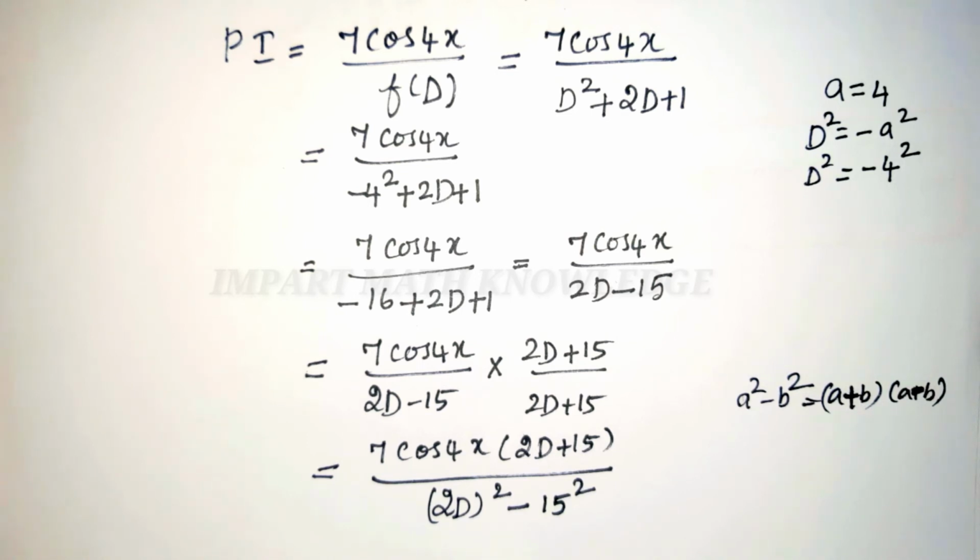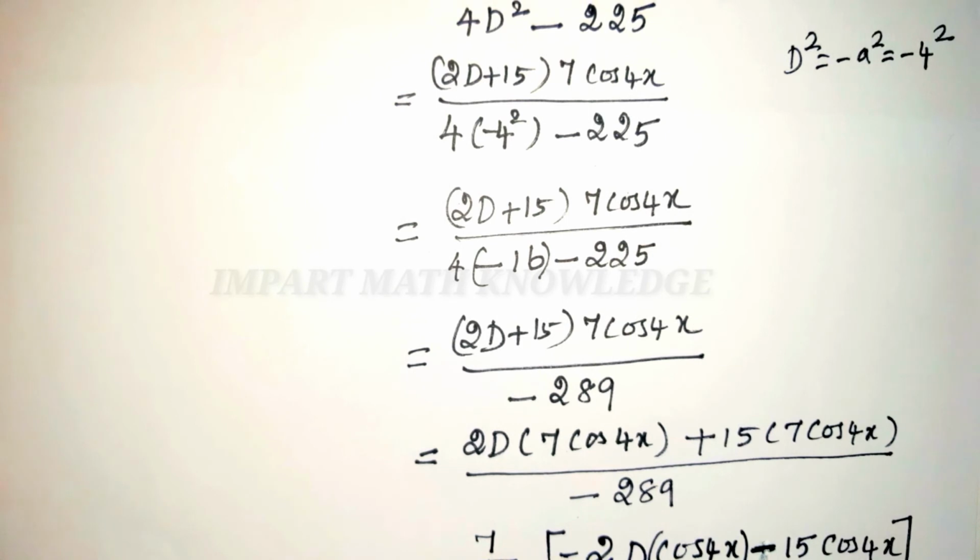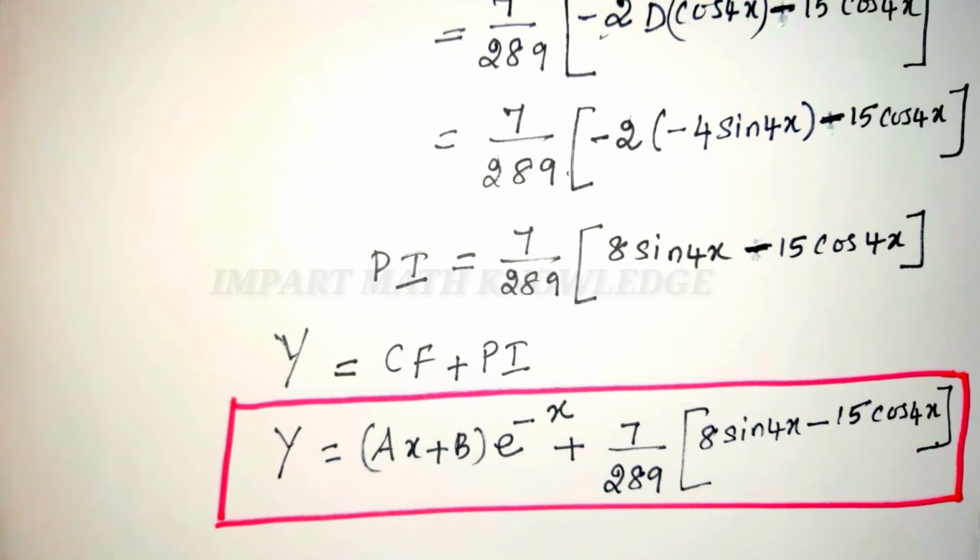After that multiply both numerator and denominator by the conjugate. Again replace D² by −a². If the denominator is not equal to 0, simplify the numerator. The general solution for the given problem is y equal to (ax + b) e^(−x) plus 7 by 289, (8 sin 4x − 15 cos 4x).